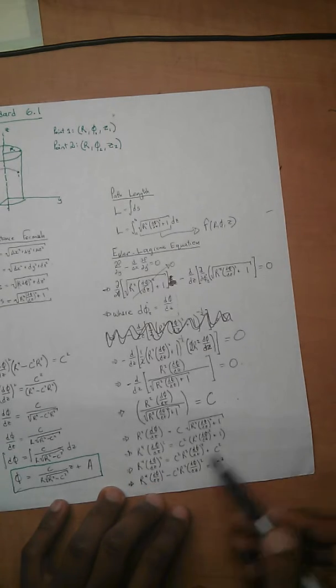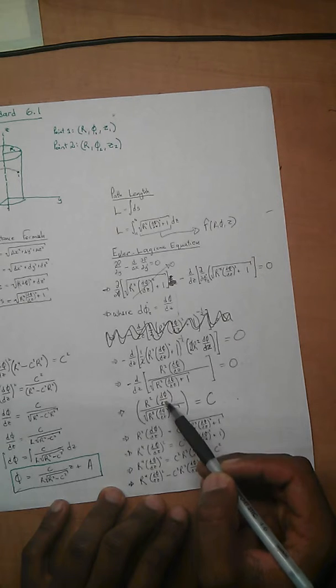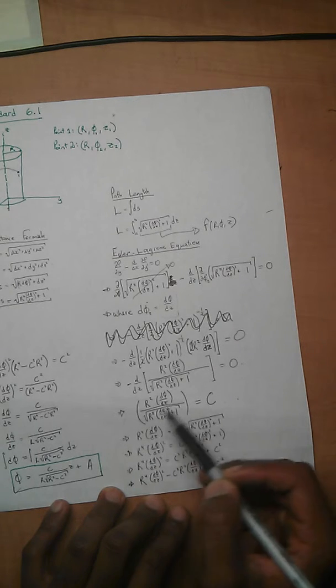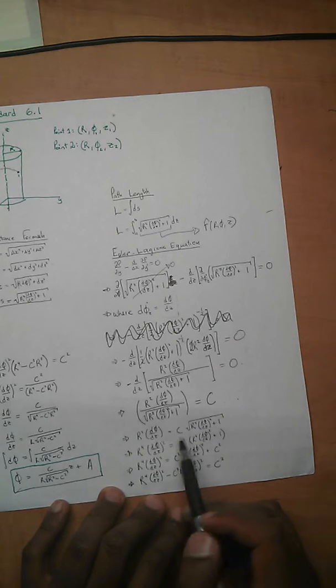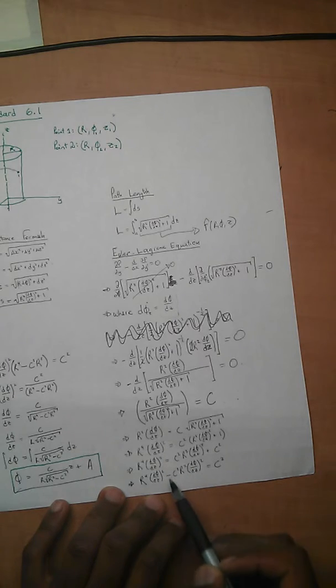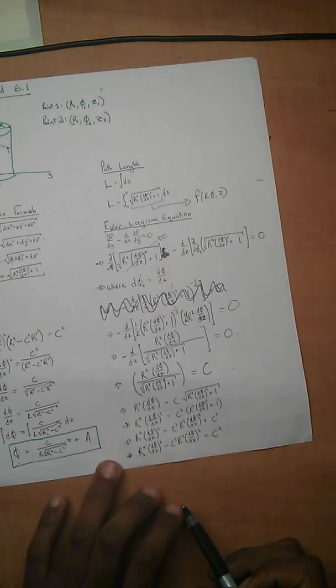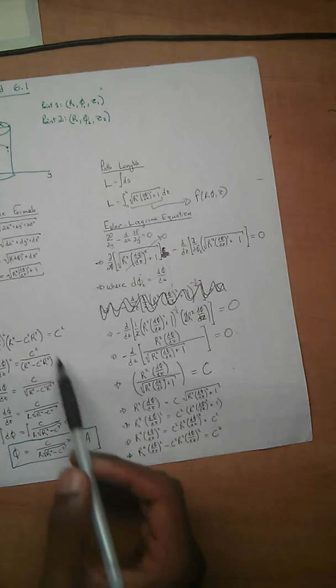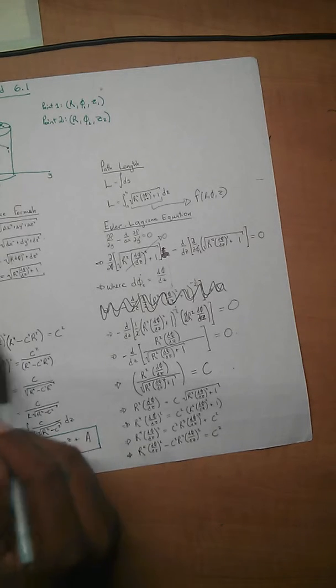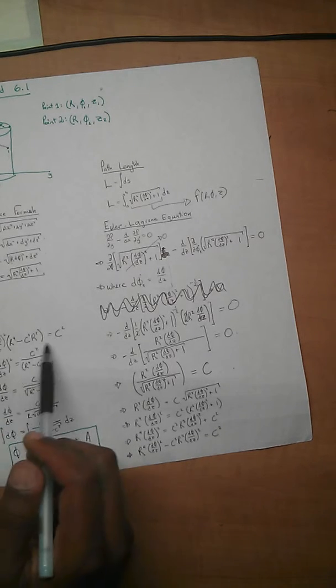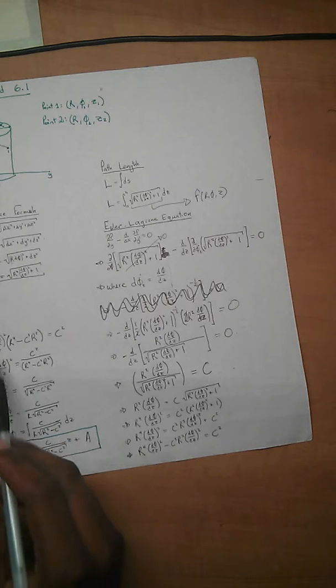And then from then on, I just try to get my d angle over dz to one side. And you can follow my work through and how I got that. So I move on until I got to this point where I got it to one side, and this is the equation that I was left with.